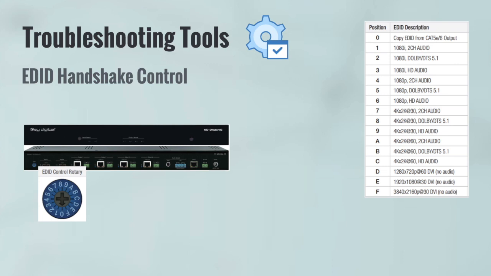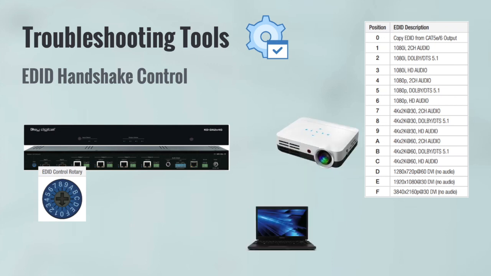Now, what Key Digital gives you, the integrator, the ability to control, is the desired resolution and audio format that you'd like to present to your source, essentially choosing what type of monitor your source is connected to.